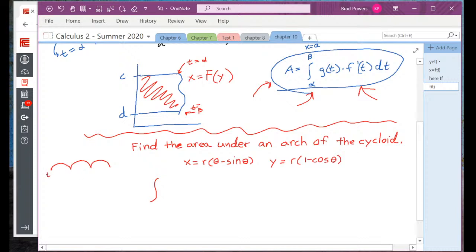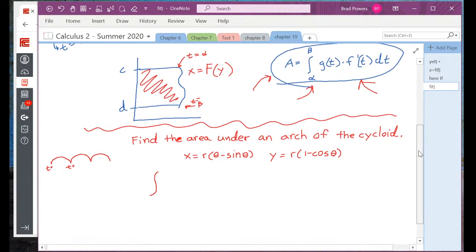What's a t-value here? What's a t-value here? Well, I know what the x value is there, really easily, it's 0. So if you're going to figure out what values for t, or in this case theta, are going to be our limits here, plug 0 in for x and solve.